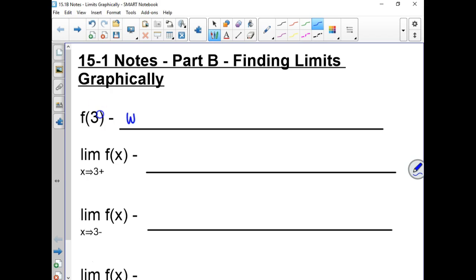This is what you get when you plug in x equals 3. Right? So if I ask you to find f of 3 and you've got an equation, you're just going to plug in 3 for your x, and it's whatever y value it gives you.